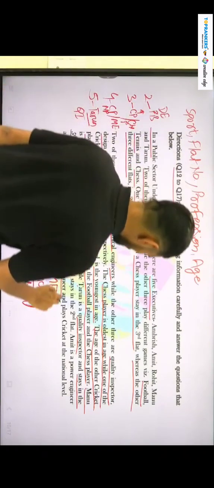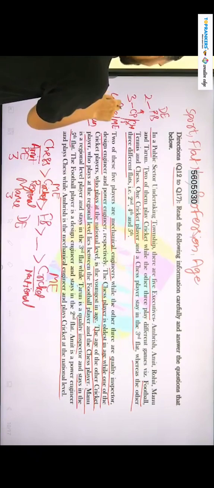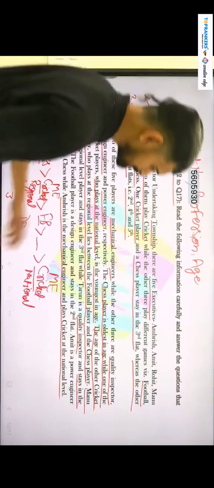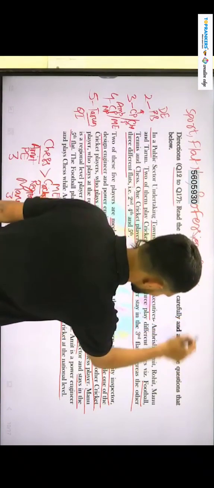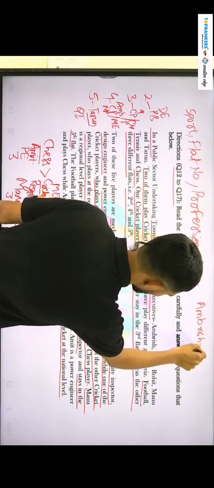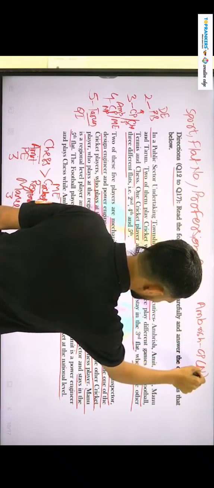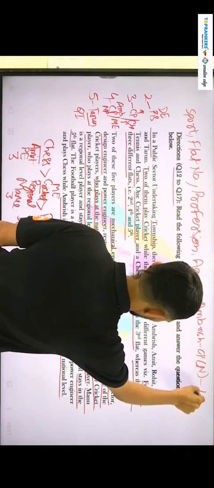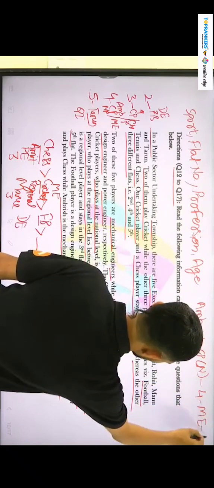Amresh is the mechanical engineer and plays cricket at national level. So Amresh lives in flat number four. So we have the data for everybody. Let's write their names. Amresh, cricket player, national, flat number four, mechanical engineer, youngest.